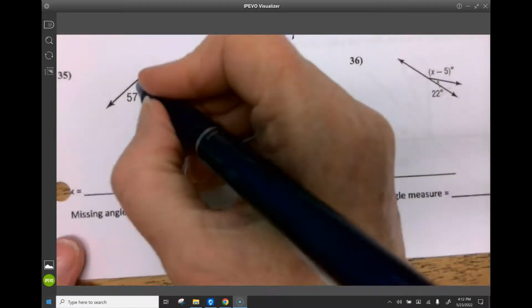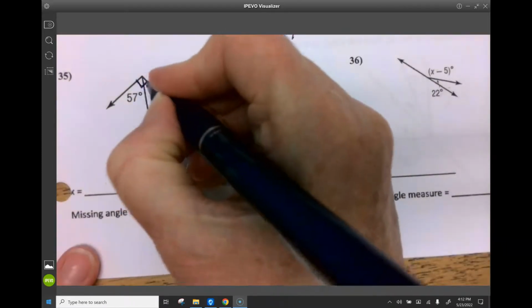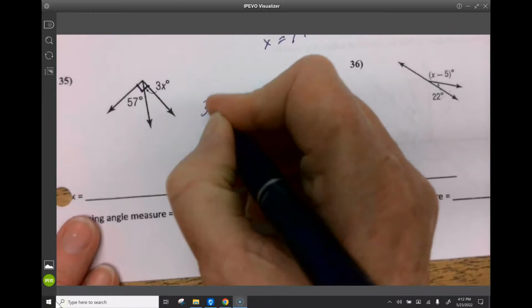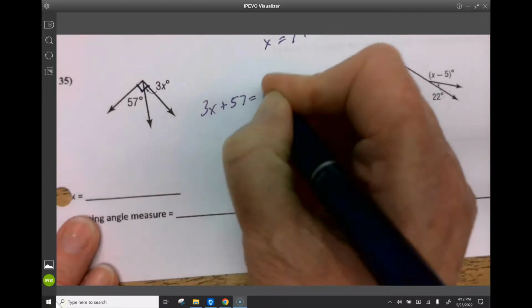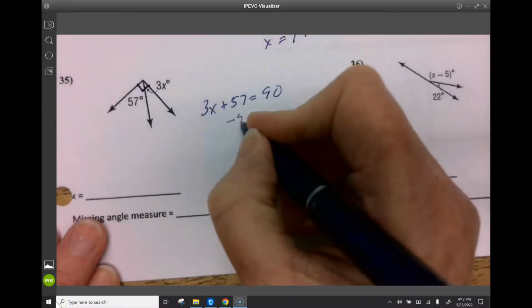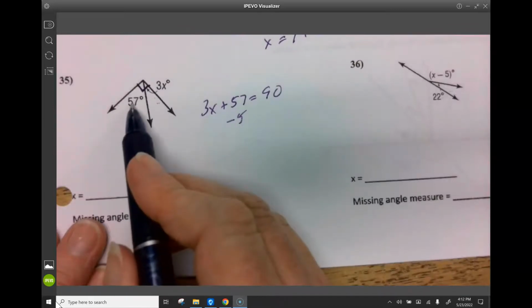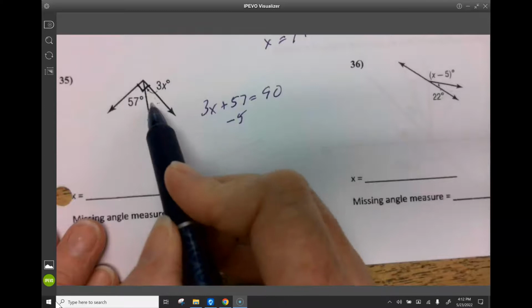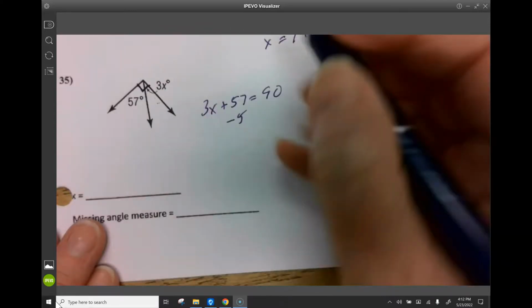So look at this one, 90-degree angle. What are you going to do? Hopefully you said you're going to add them together and get 90 degrees. Now I'm going to subtract. What kind of angles are those then? If I add them to 90 degrees because it's a right angle, right, these are complementary angles. They add to 90, so they're complementary angles.